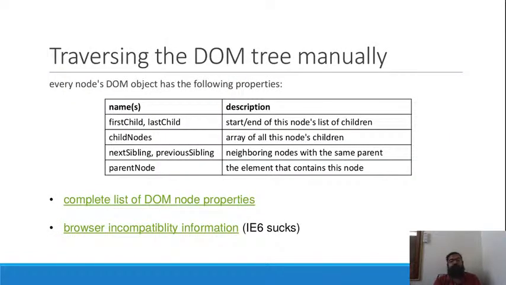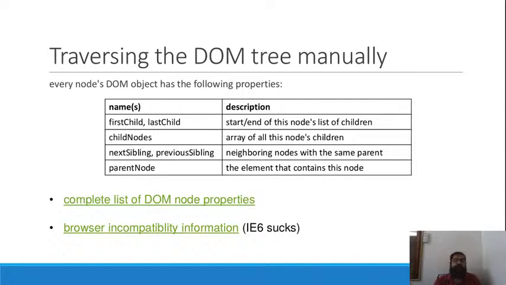You can also traverse the DOM tree manually. For instance, every node's DOM object has the following properties. For example, it has firstChild and lastChild, the start and end of this node's list of children.